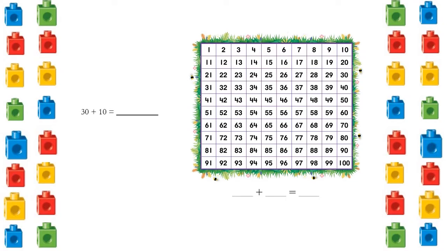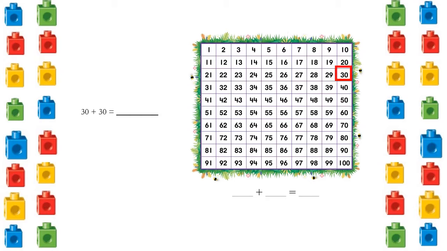So let's take a look at this. 30 plus 10 equals what? And you can probably do it in your head, but let's use our chart here. We start on 30, and if we just add 10, all we're going to do is drop down one row. So 30 plus 10 equals 40. Now we might get something like this, 30 plus 30.